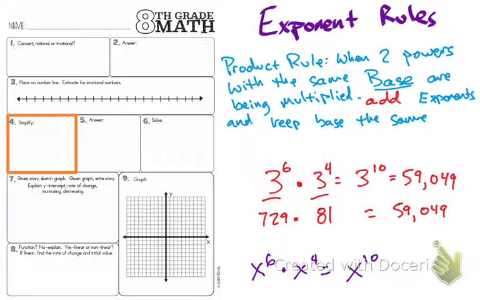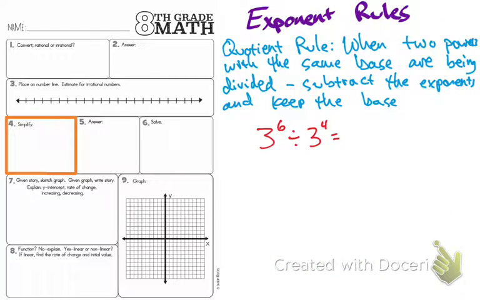Let's go ahead and look at our next rule. Our next rule is our quotient rule. And our quotient rule tells us that when 2 powers with the same base are being divided, we can subtract the exponents and keep the base the same. In this case, I've given us the same powers, but this time we're dividing.